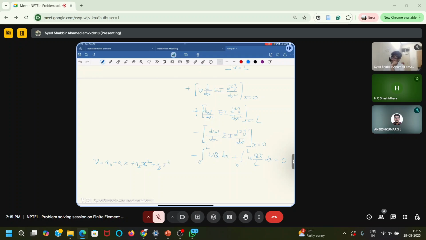If I differentiate it once, I'll get something like a1 plus 2a2 x plus 3a3 x square. If I differentiate this twice, I will get 2a2 plus 6a3 x.